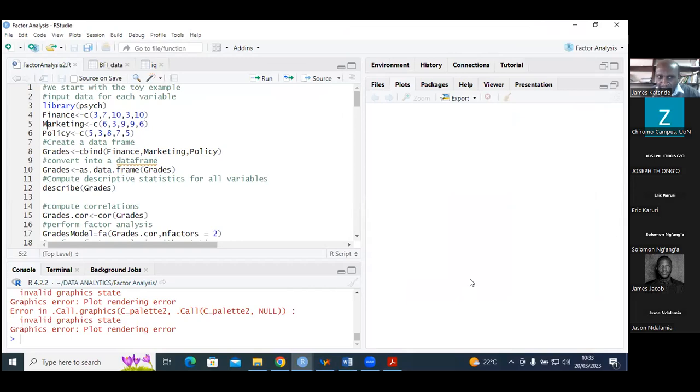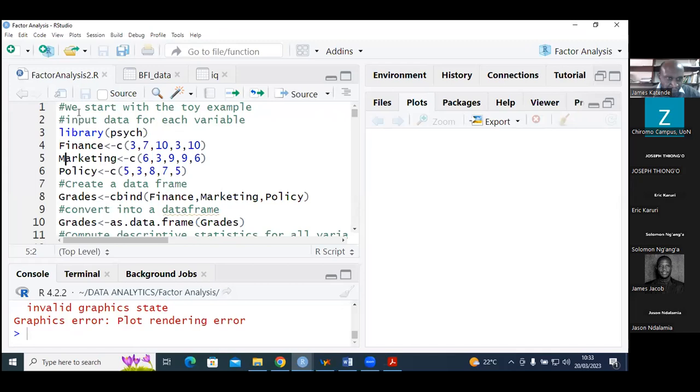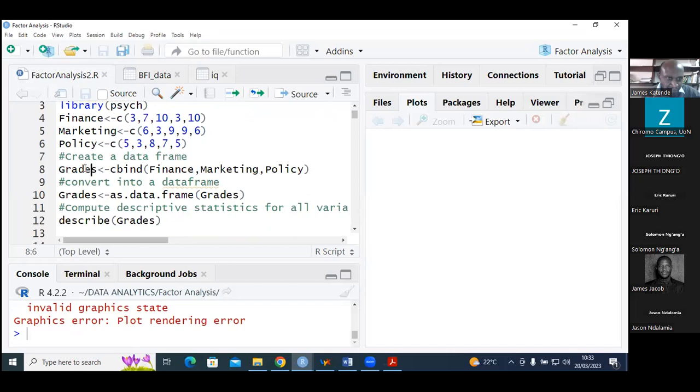So I hope it is clear enough on your end, but if it's not, maybe I can enlarge this a bit. You'll be able to access this R script in the Google Drive. So we set up these two examples and put them in a data frame, which is called grades. Now, unfortunately, I will not be able to explain what is behind the code in R. This would assume that you have some familiarity with R.